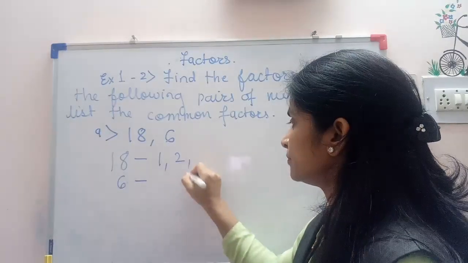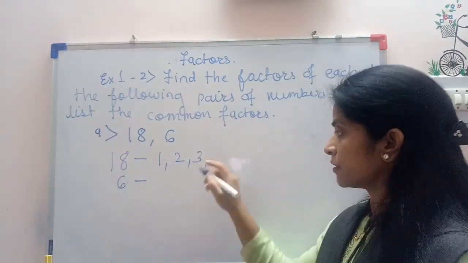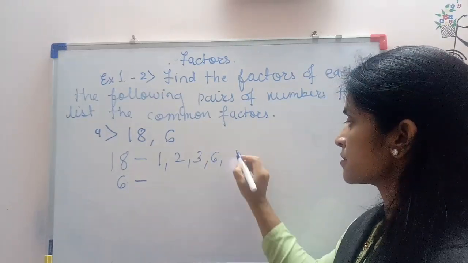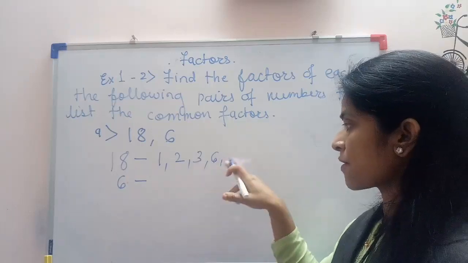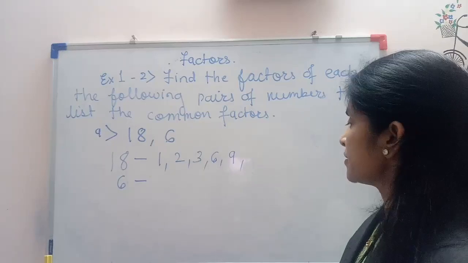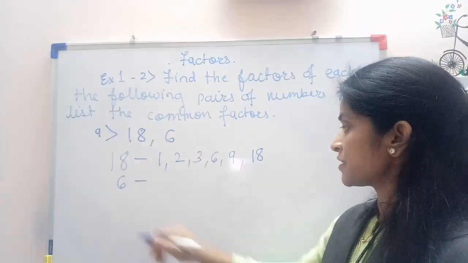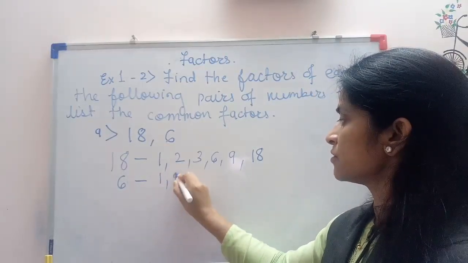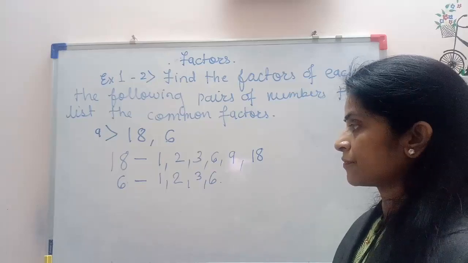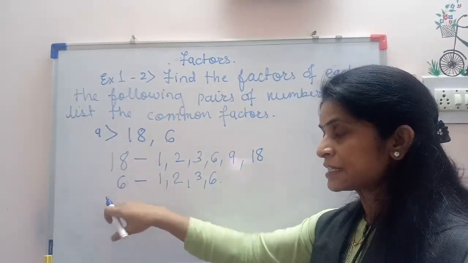After that 2, 3, 6, after that 9 and 18. The factors of 6 are 1, 2, 3 and 6.